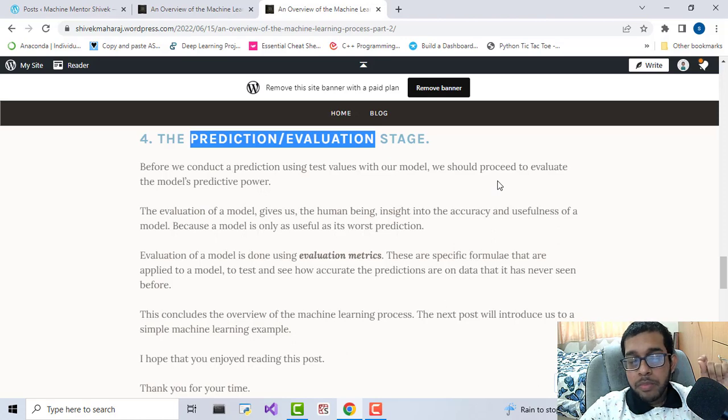You see, why I say this is because in machine learning and data science itself, I've never really encountered a situation in which a complex model has attained 100% accuracy. It is for this reason why I say, first evaluate the model and then conduct predictions.